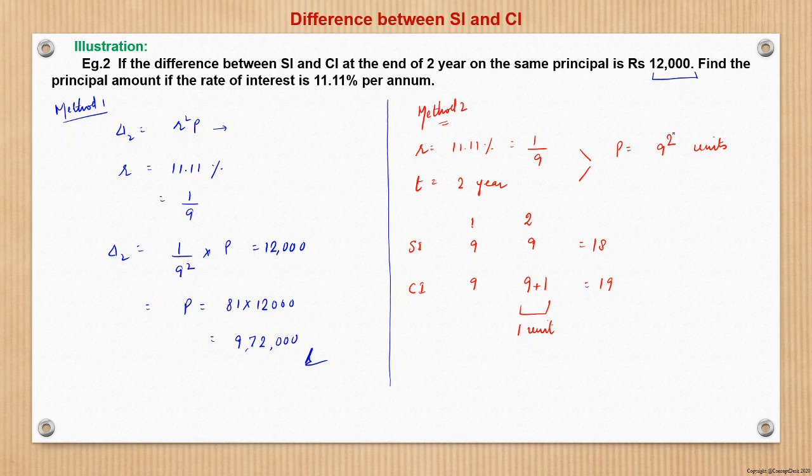And this difference is given as 12,000, and this 1 unit represents rupees 12,000. So the principal we have to find, which is 81 units. 81 units will represent 12,000 into 81, which is 9,72,000. Just another way of solving, nothing else. This we will keep in mind.